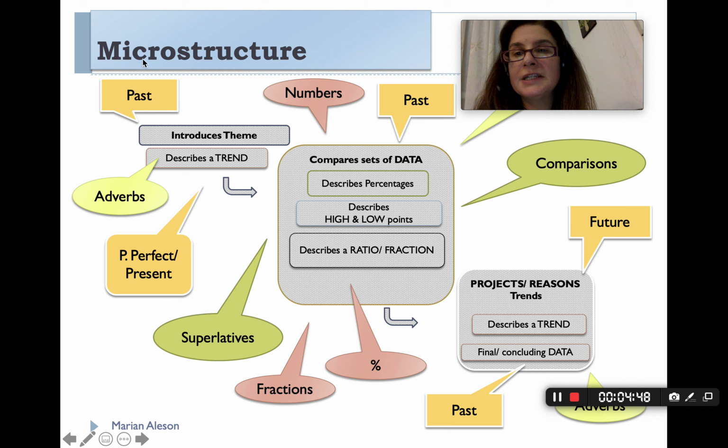At the beginning, the topic sentence uses the past simple, because it refers to that analysis or research that we have performed, that was done two or three weeks before the time when we write the report. So that's why we use the past simple. And maybe we are describing the trend and the trend has a link to the present, then we can maybe use the present perfect.